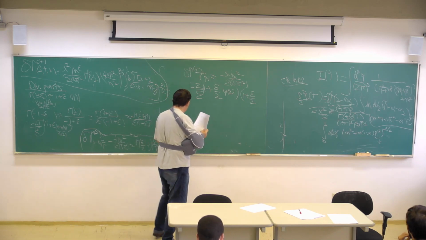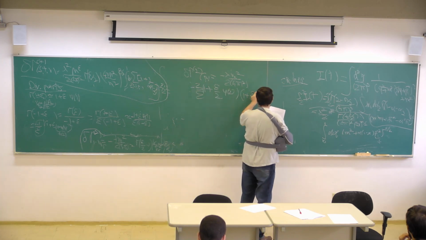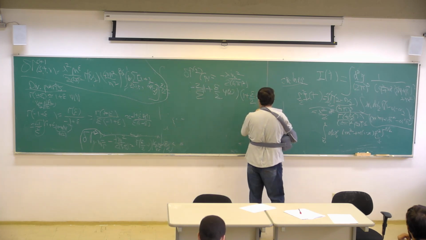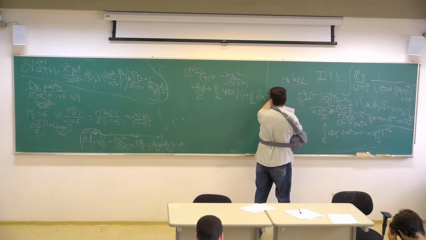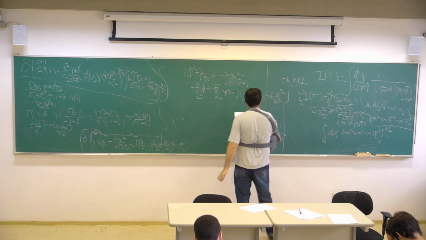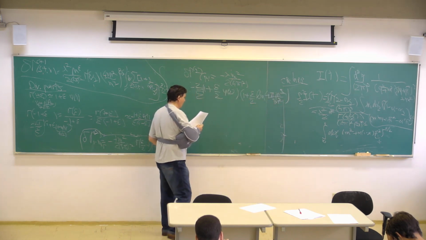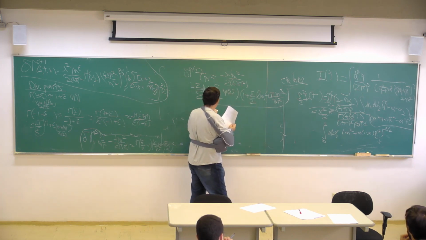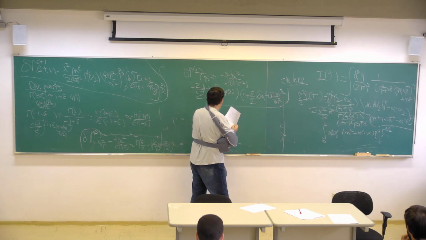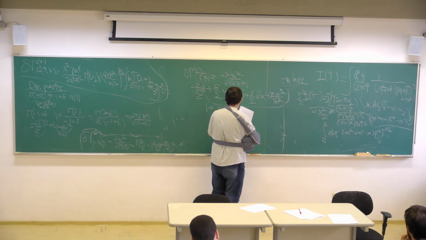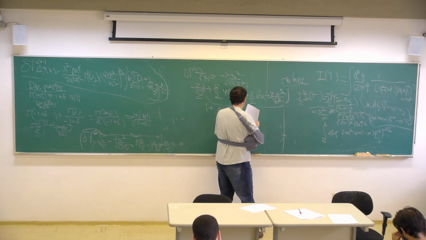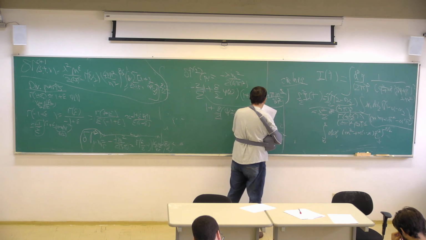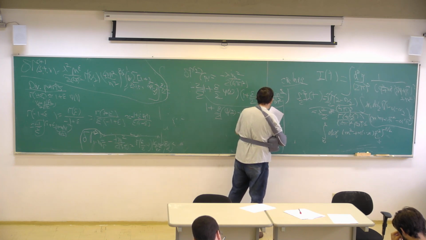Anyway, so the expansion of this is 1 plus epsilon over 2 log of 4 pi mu squared over m squared. And then this together is 1 plus epsilon over 2 psi of 2 plus log 4 pi mu squared over m squared.